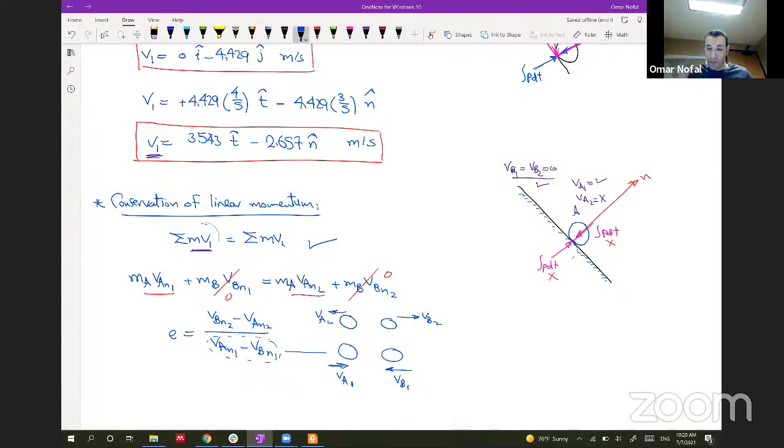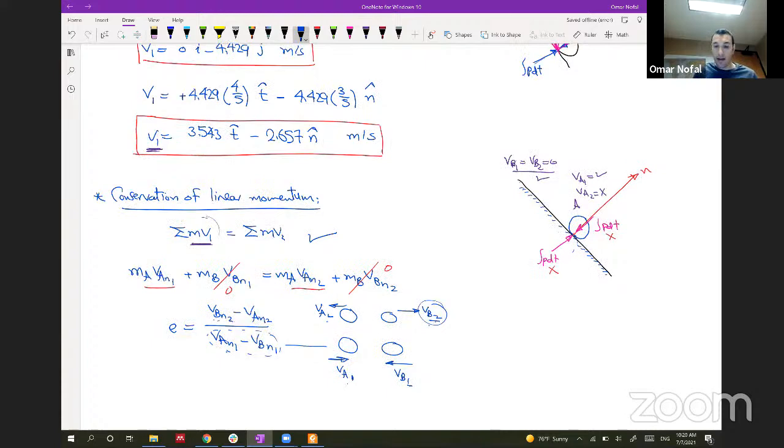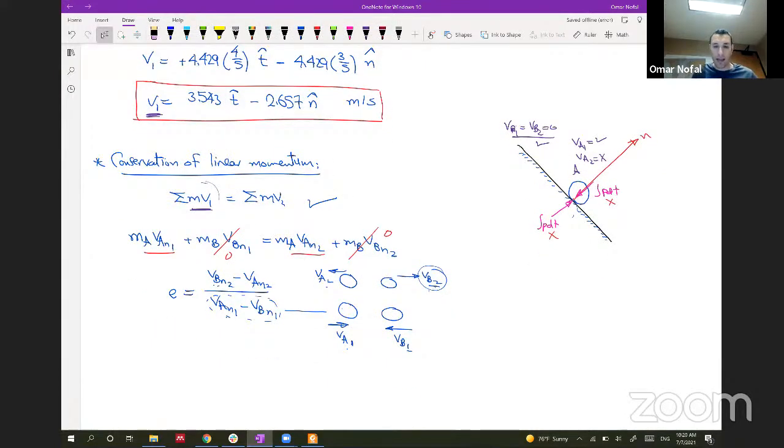So before the collision you have VA1 minus VB1, and after the collision you get VB2 minus VA2. This is how you can memorize this equation. I don't know if it's in the dynamics equation sheet or not, but it's very easy to memorize.